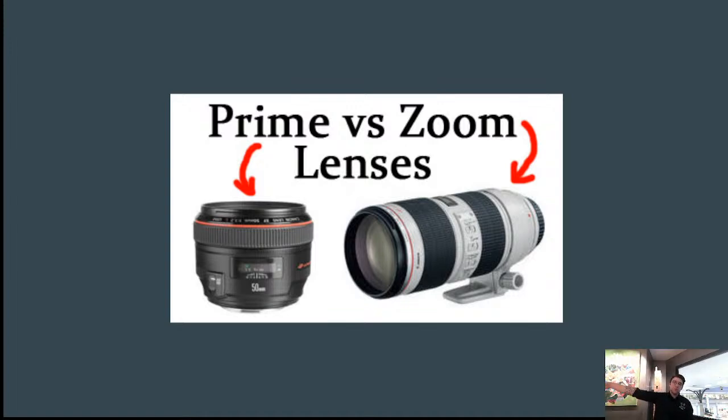Versus a zoom lens, there's two options. You can get a cheaper zoom lens, which will usually give you an f-stop between 3 and it'll go all the way up to 6. And as you zoom, the lowest f-stop that's available will become the next f-stop. So for example, that's probably a 100 to 400mm lens.